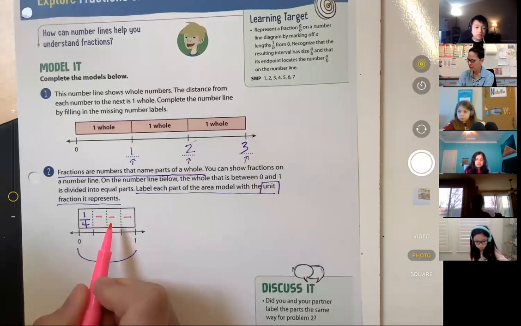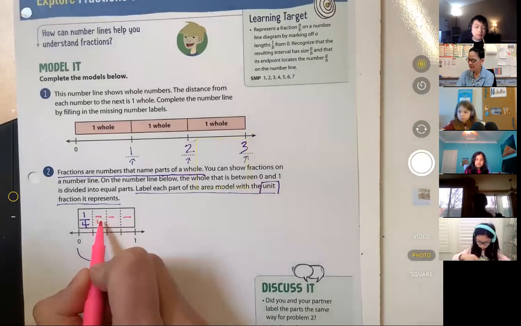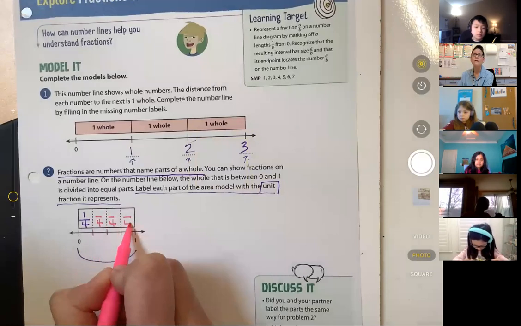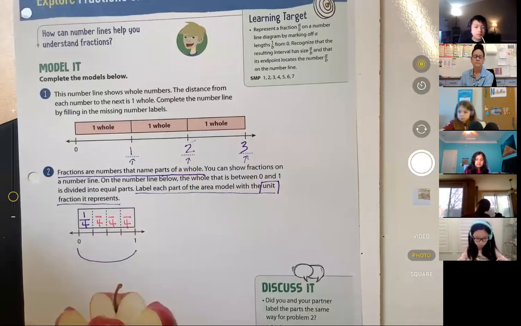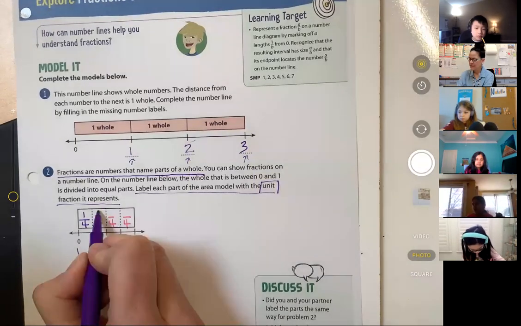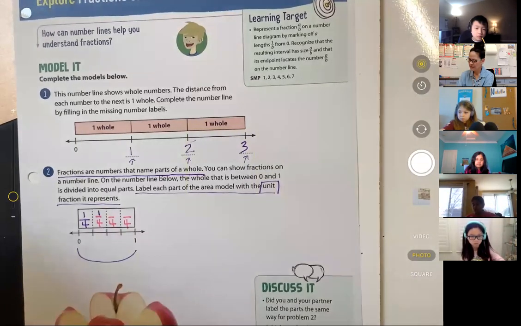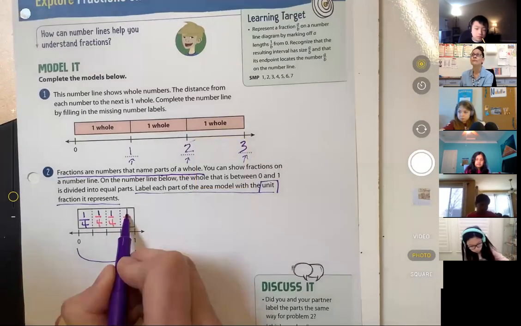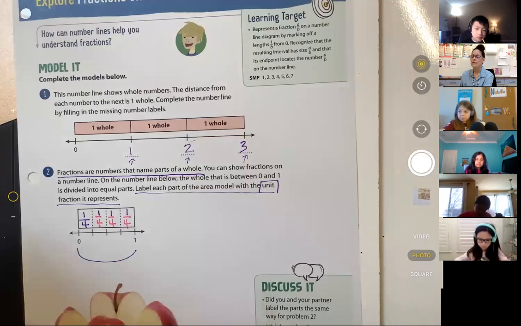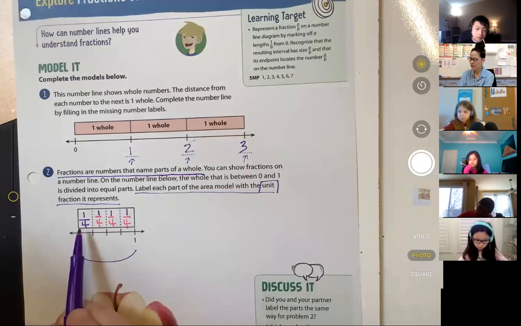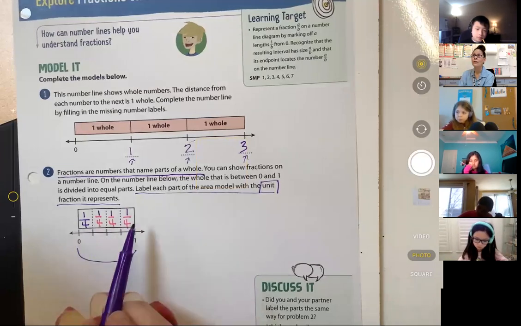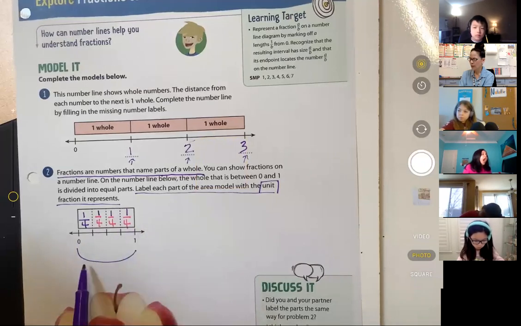So the denominator in every single unit fraction is 4. We know that this section is 1/4, and this section is 1/4, and this section is 1/4 too. So we have a 4th, and a 4th, and a 4th, and a 4th.